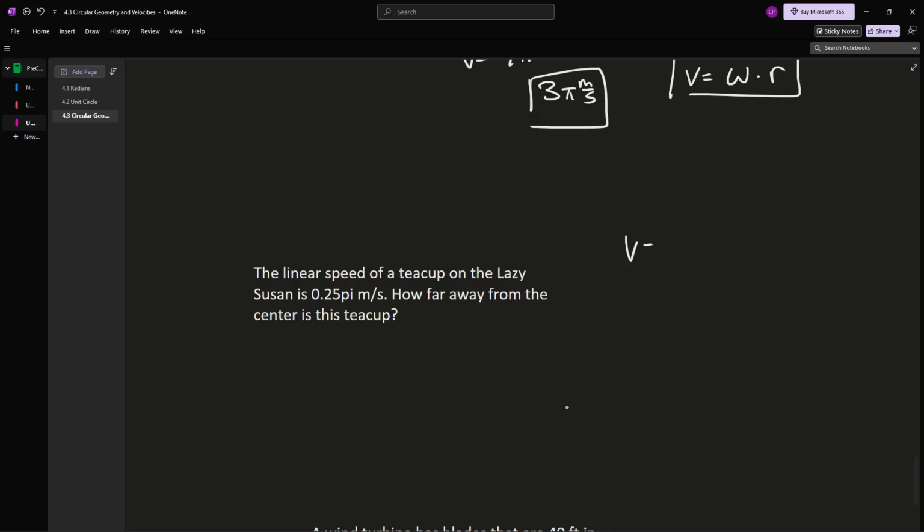Linear speed equals theta r over time. Oh, actually, I jumped the gun. Arc length over time. So my velocity equals theta r over time. We have my velocity as 1/4 pi equals 4 pi over 1 second times r.